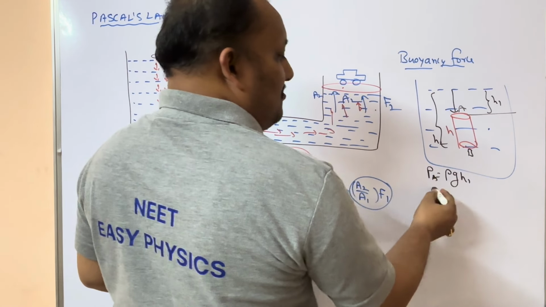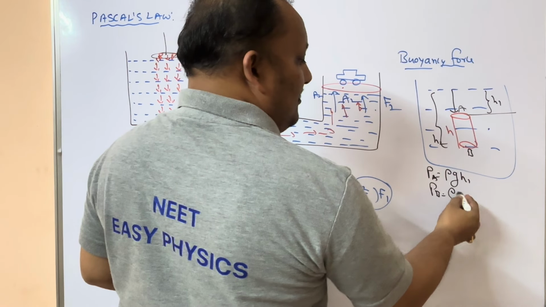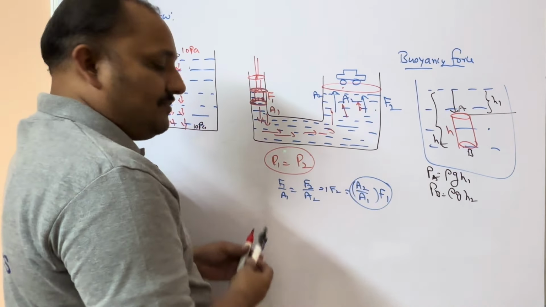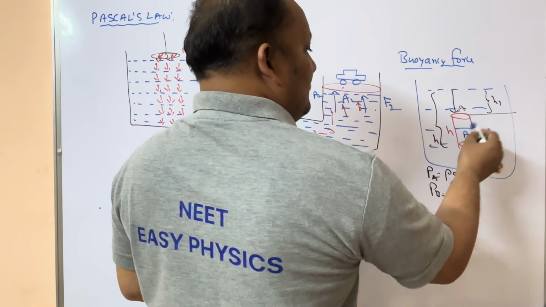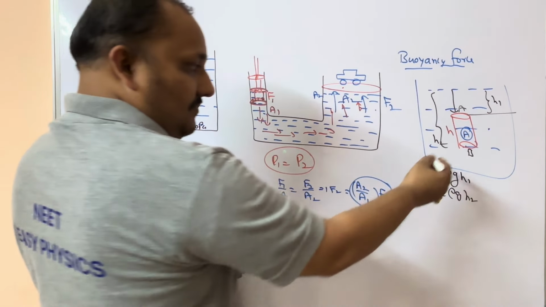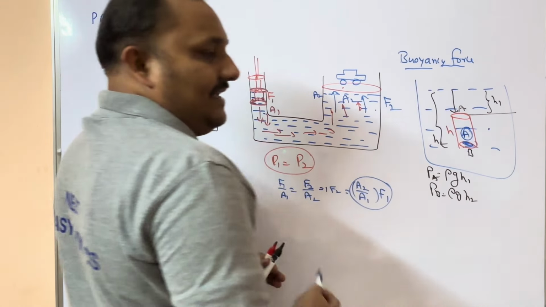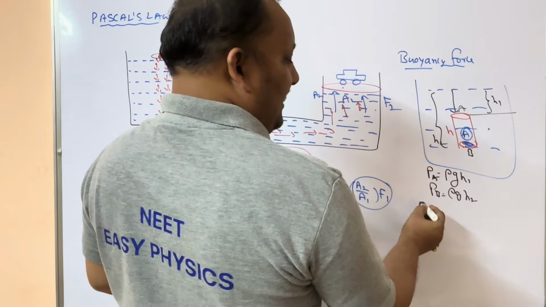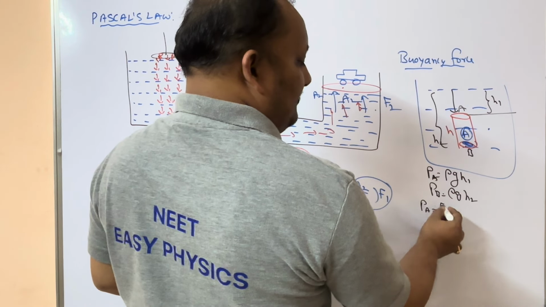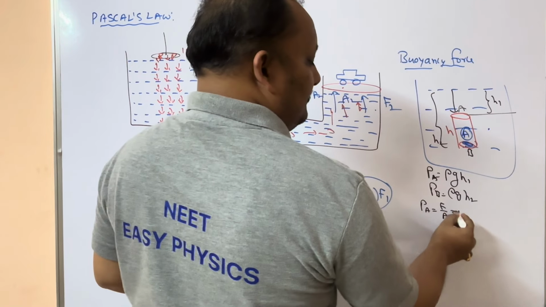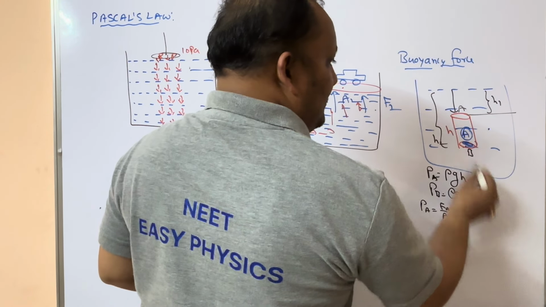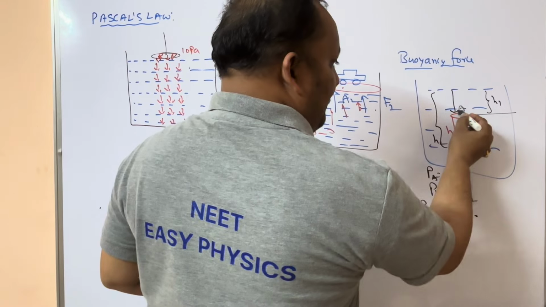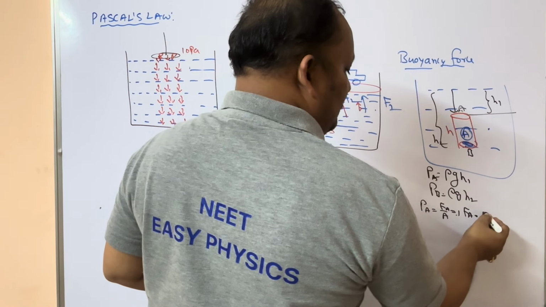Pressure acting on the bottom surface, PB, is equal to rho g h2. The area of cross section of the base is A. Then how much force is going to act? Pressure is F by A. So FA is the force acting on surface A.